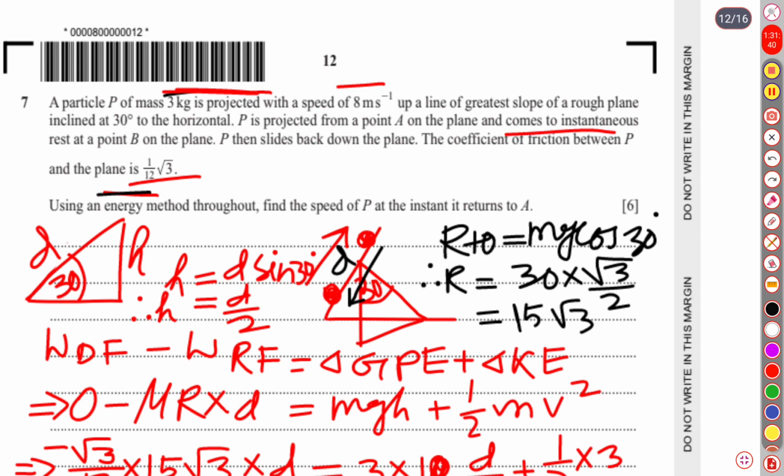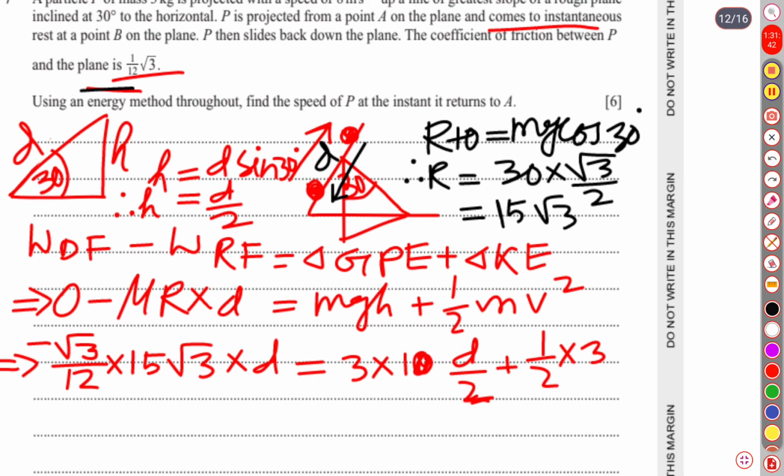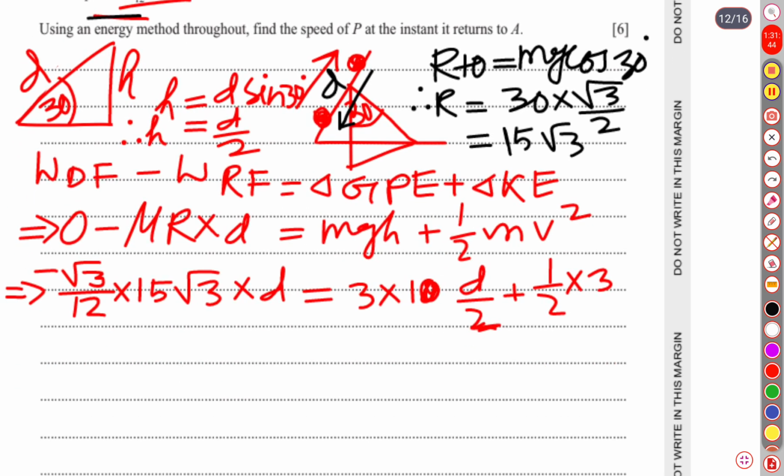So the final velocity is 0 and the initial velocity is 8. So it is going to be 0 squared minus 8 squared.